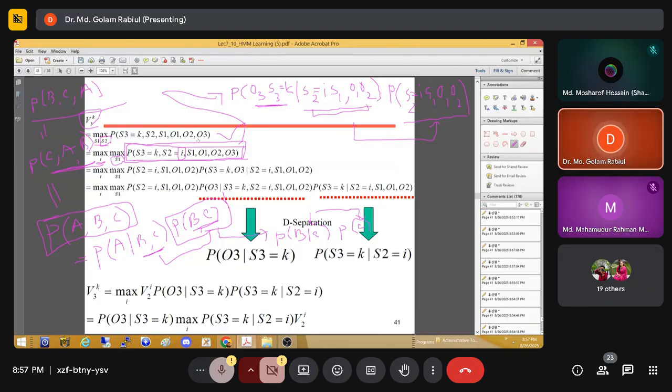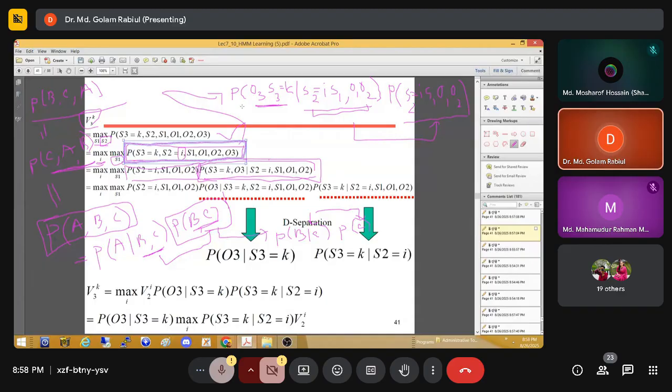That's why you can see from here we have written this part and then this one. And from this probability, again, we can express this probability using the product of two other probabilities.